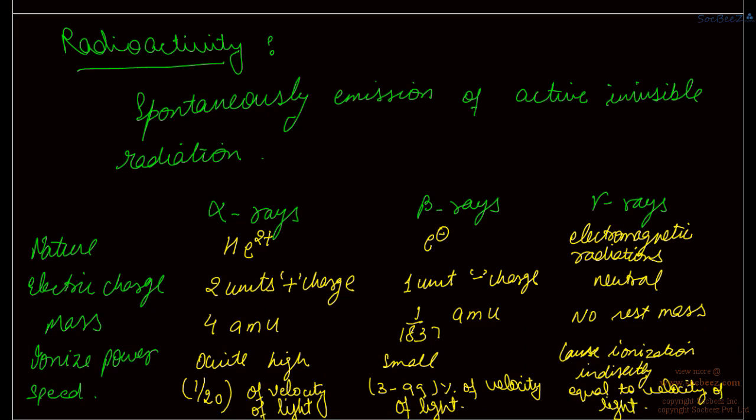The relative penetrating power of alpha rays is very small. If we say the penetrating power of alpha rays is 1, then that of beta rays is 100, and that of gamma rays is 10,000. For alpha rays it's quite small because of large mass and small velocity, so they penetrate only very thin aluminum foil.